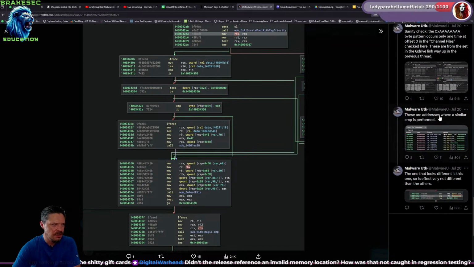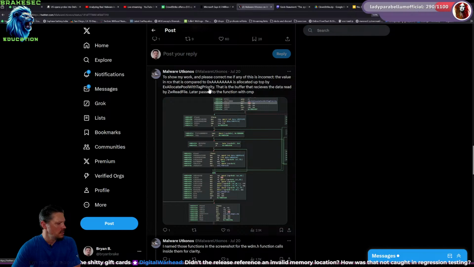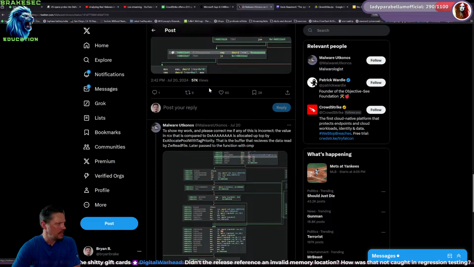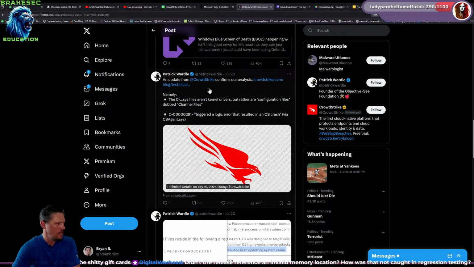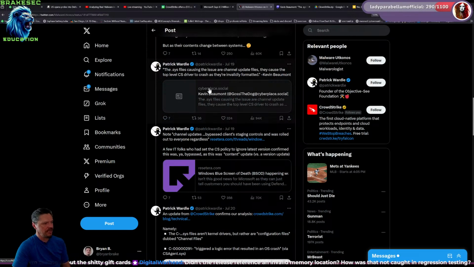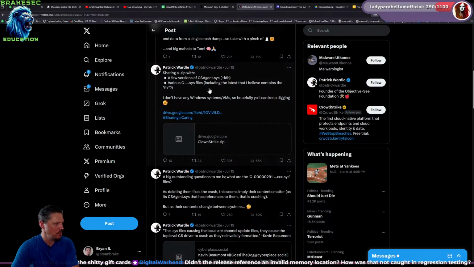Setting the G-link up in the previous thread. These addresses were similar. CMP is formed. Yeah, so if it does reference an invalid location for memory, that may be what caused the issue. I don't know.